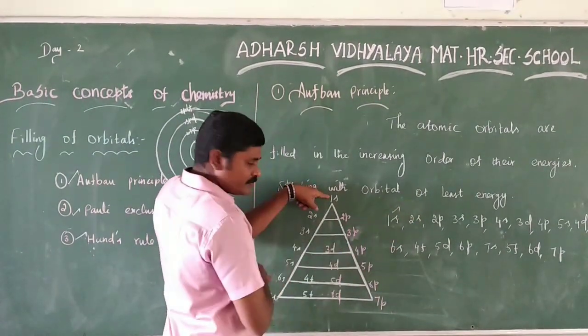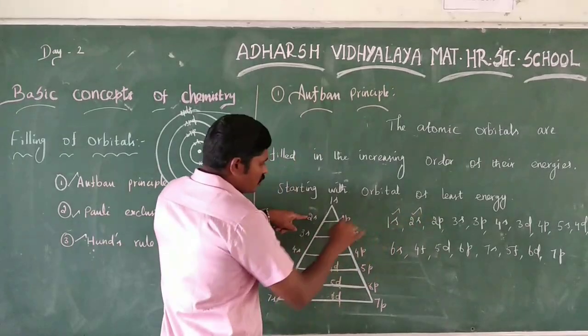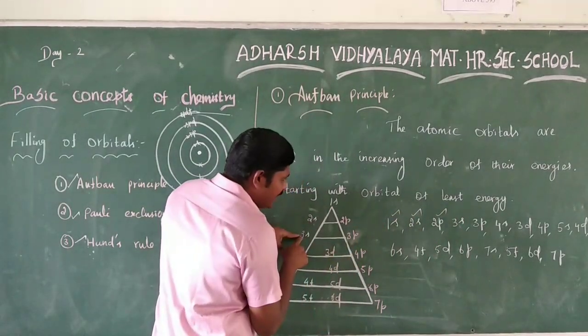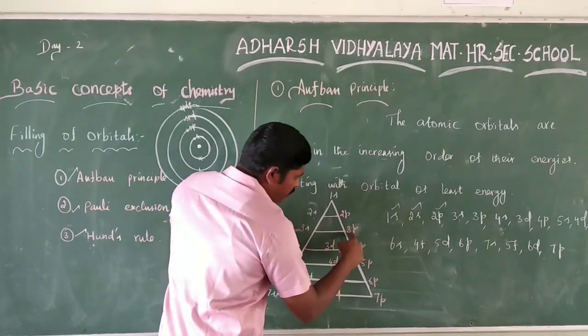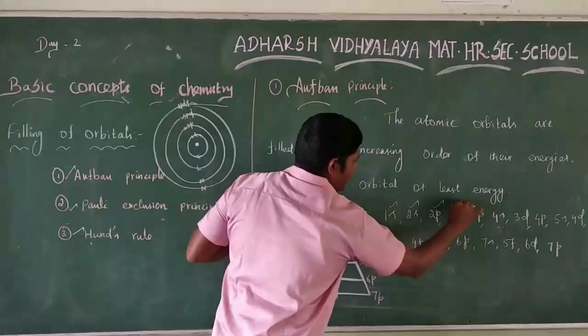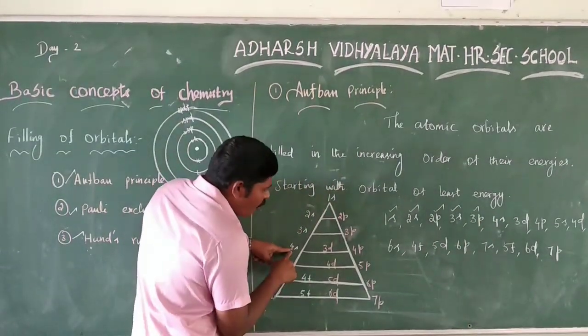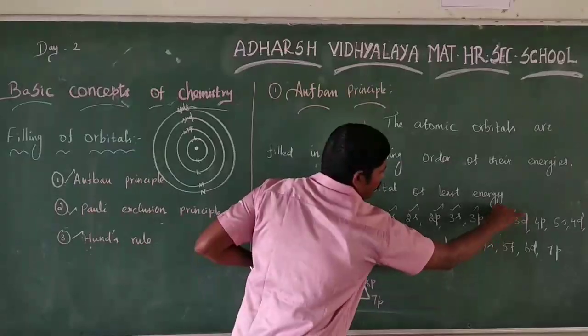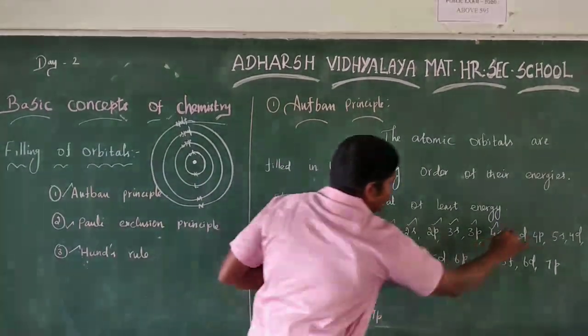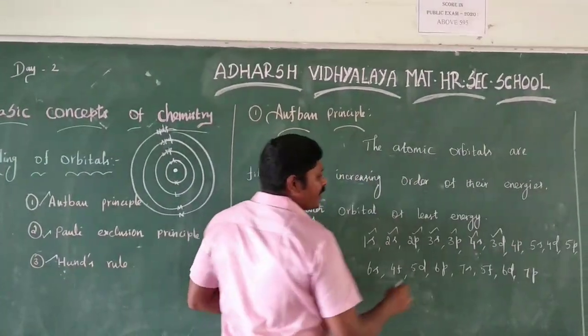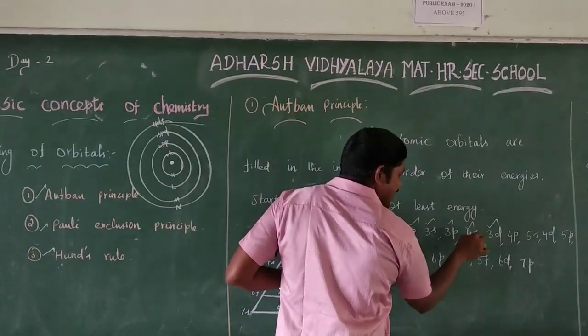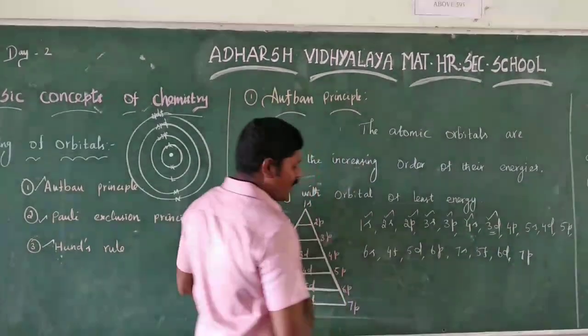1s, 2s, 2p, 3s, 3p, 4s, then 3d. The 4s orbital has less energy than the 3d orbital.